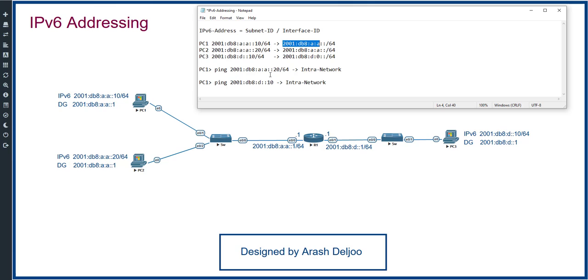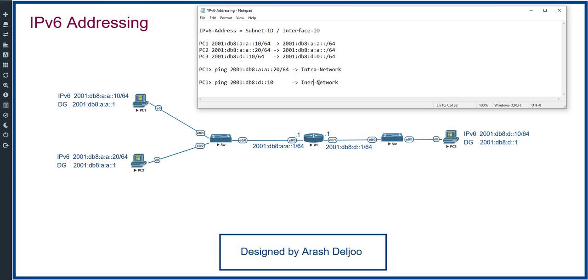And as you can see here, we don't have an equal hextet between hextet 3 and hextet 4. Because of that, PC1 can understand that the destination is residing outside of its network, and this is an inter-network connection.